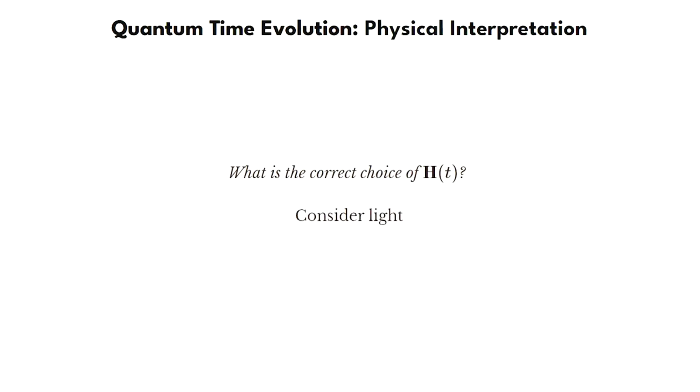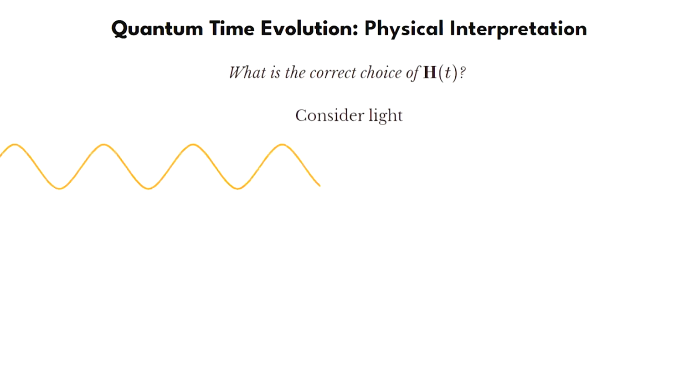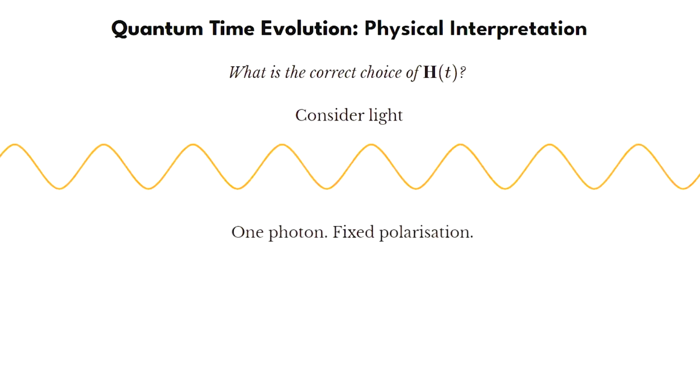Well, let's consider light as an example. If we have only one photon with fixed polarization and fixed charge, you have only one degree of freedom. So the basis that describes this is nothing but single-dimension vectors.